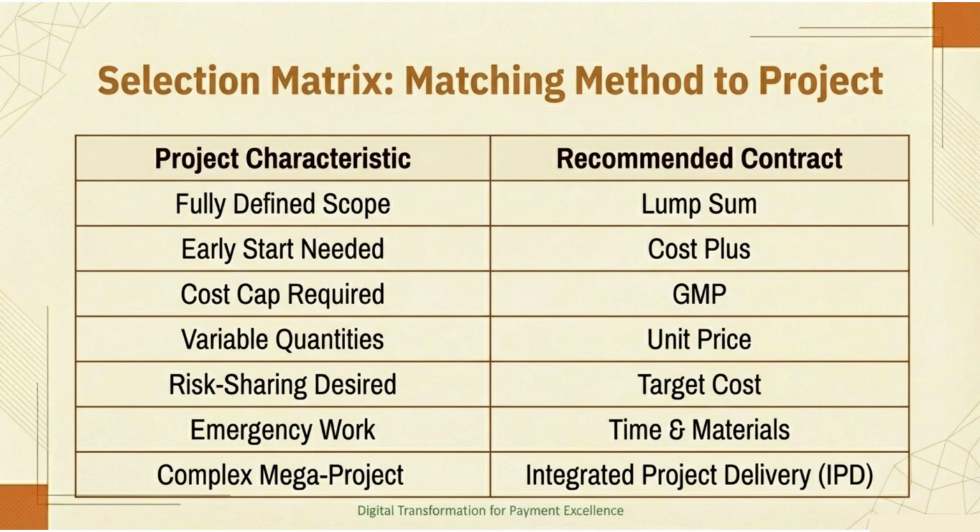Scenario 6. A pipe burst and you need it fixed now. Time and materials. Scenario 7. You're building a billion-dollar airport terminal and need everyone aligned. IPD. Print this slide, laminate it, put it on your wall. This is your payment method decision matrix, and it will save you countless headaches.